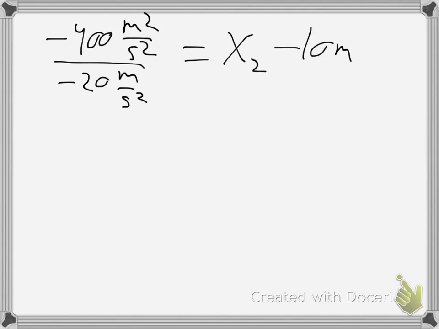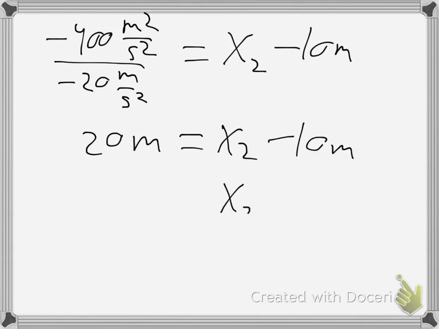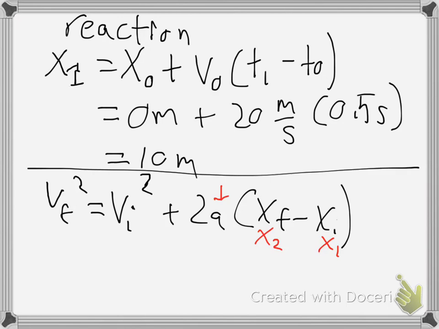So the left hand side will give you 20 meters. The only unit that will be left in the numerator is meters, equals x2 minus 10. So then x2 is equal to 30 meters. So 30 meters away from our starting point.